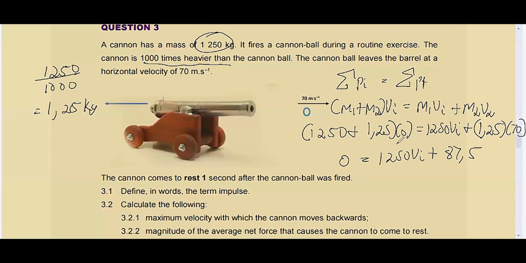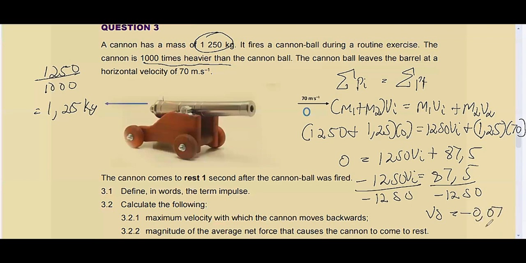Then we can just transpose negative 1,250 Vi over to the side: 87.5, then divide both sides by negative 1,250. Our velocity now becomes negative 0.07 meters per second, which in conclusion we can say, remember this, is supposed to be V1f.